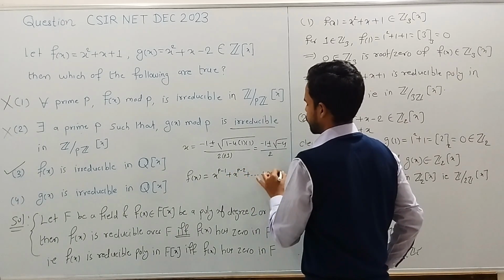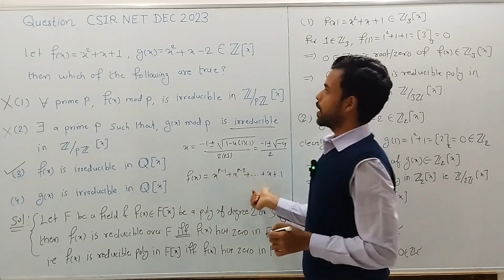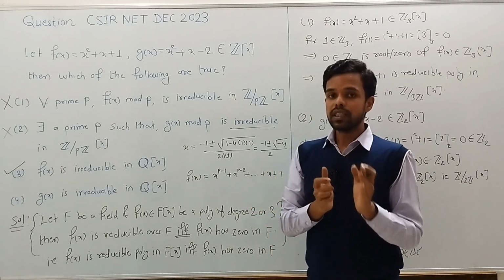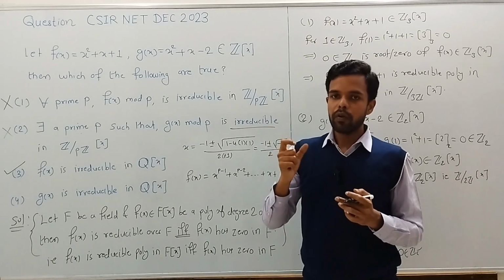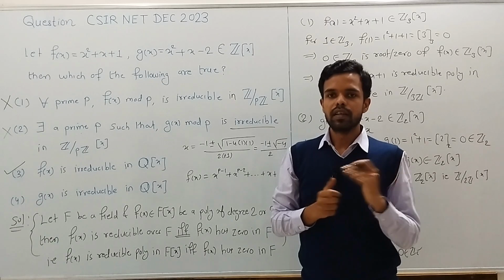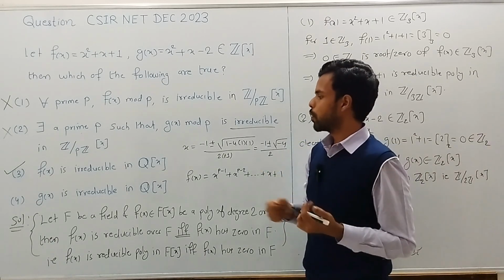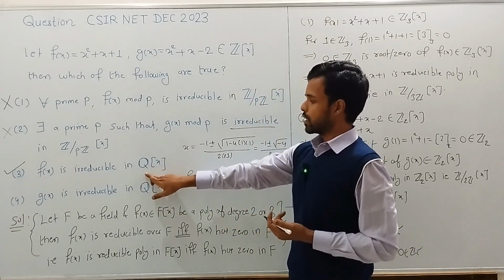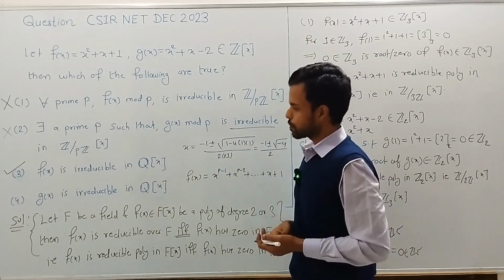For p equals 3, f of x is x squared plus x plus 1, so it is the third cyclotomic polynomial, and we know that all pth cyclotomic polynomials are irreducible over Q. That is, irreducible polynomials in Q of x. So by this result also, f of x is an irreducible polynomial in Q of x. So the third option is true.